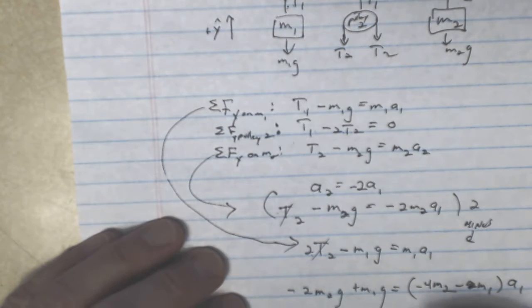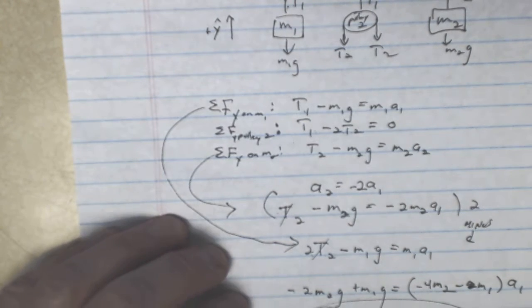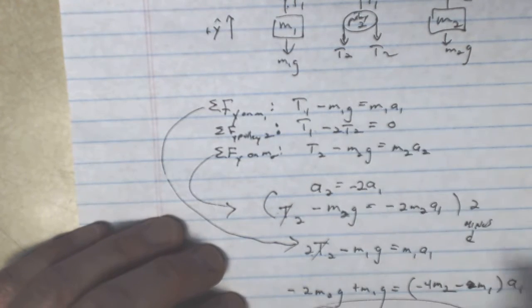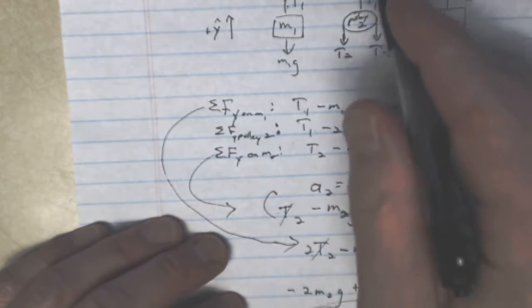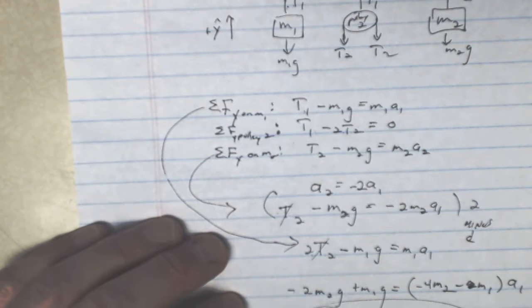So A1 equals (2M2 minus M1) divided by (4M2 plus M1) times G. Okay, and the acceleration of the pulley itself is going to be, by the way, negative A1. It moves at the same acceleration as M1. So A pulley, if you care, equals negative A1.